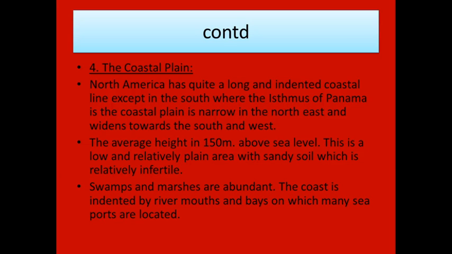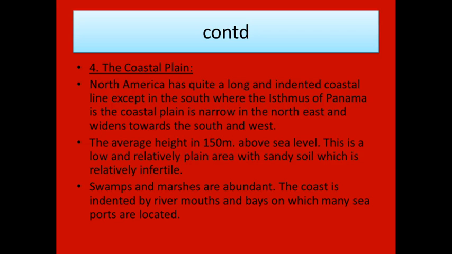The fourth physical division is the coastal plain. North America has quite a long and indented coastline, except in the south, where the Isthmus of Panama is. The coastal plain is narrow in the north and east, and widens towards the south and west.